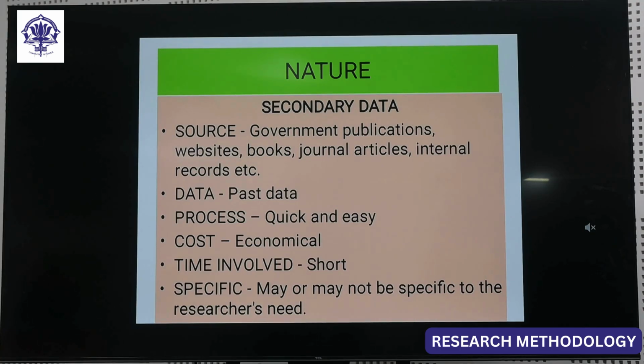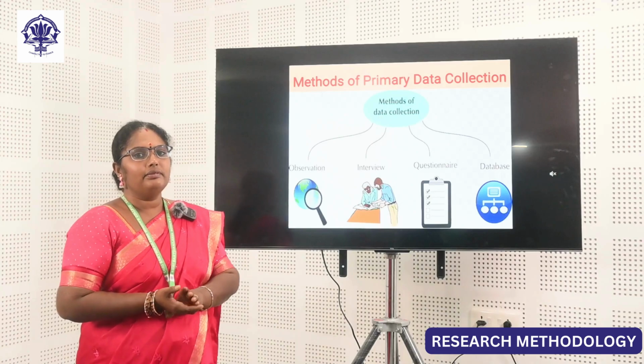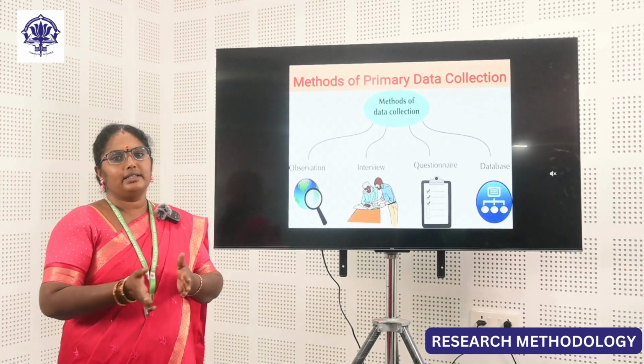This is the nature of secondary data and primary data. In some research, secondary data will be comfortable, whereas if we are going for a marketing purpose, we have to go only for primary data. If our research is related to marketing, we have to collect data newly. In data collection methods, we saw primary data collection and secondary data collection.